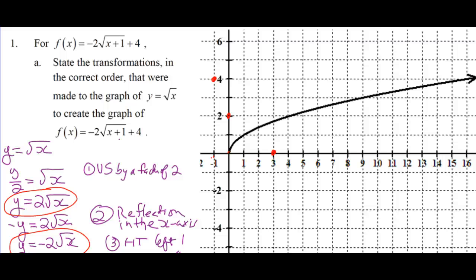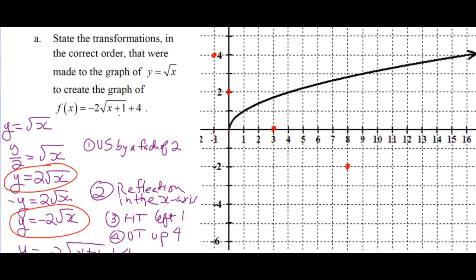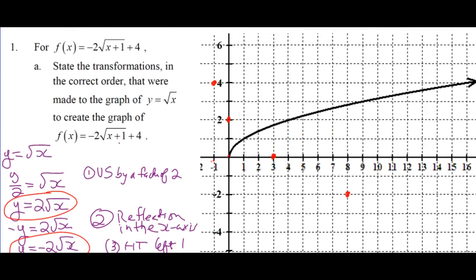All right, let's do another point. So I've got 9, 3, which goes to 6, which goes to negative 6, and goes left 1 and up 4. It's going to end up at 2 here. Okay, because I'm just a smidge too big. So 4, 16, 4. Goes to 16, 8, goes to 16, negative 8, goes to 15, negative 4.